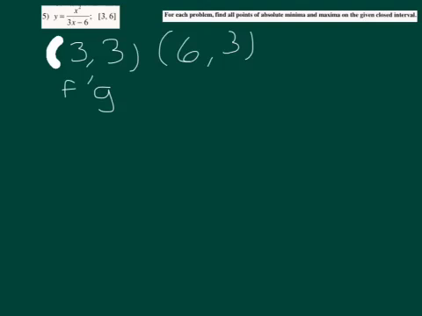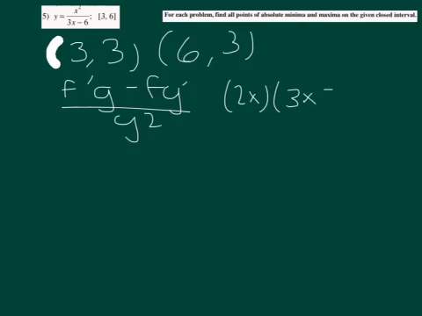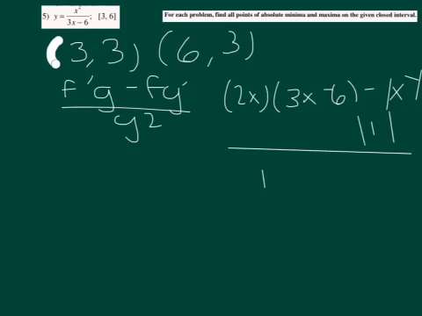So the next thing you do is take the derivative, which would be the quotient rule, which is f prime times g minus f times g prime all over g squared. So that would mean that the first one would be 2x times 3x minus 6 minus x squared times 3 all over 3x minus 6 squared.